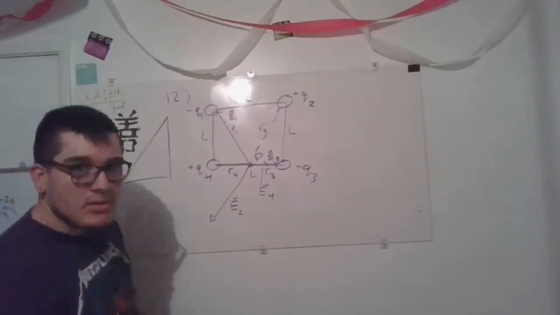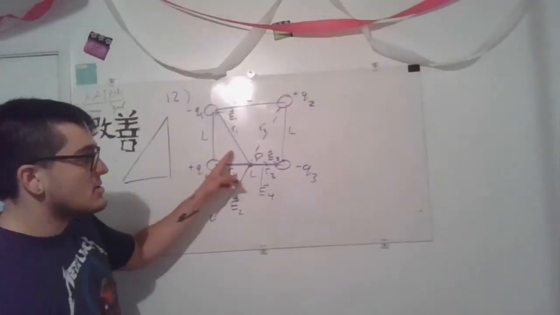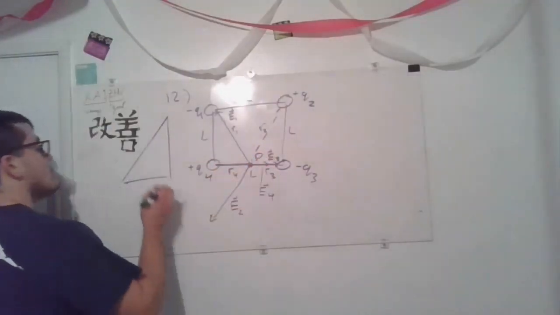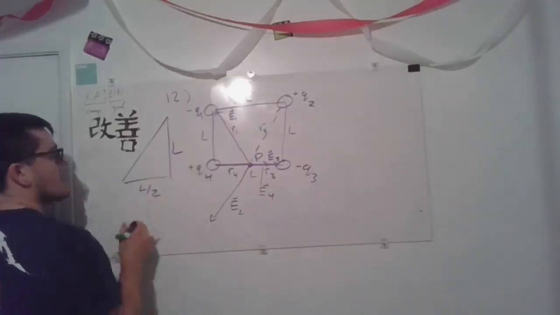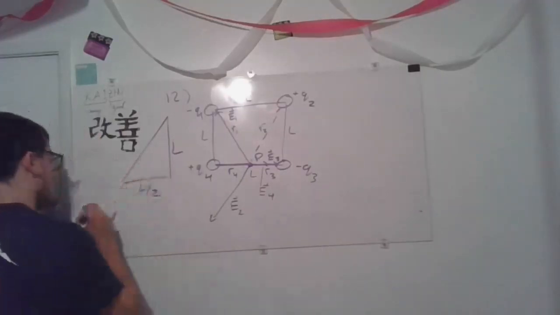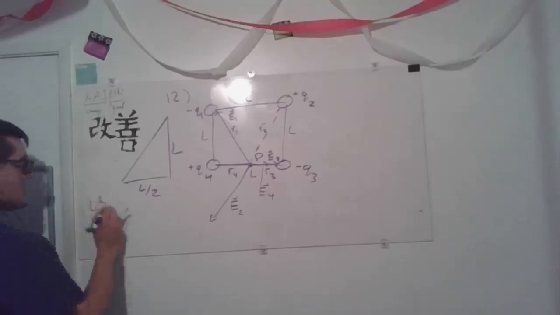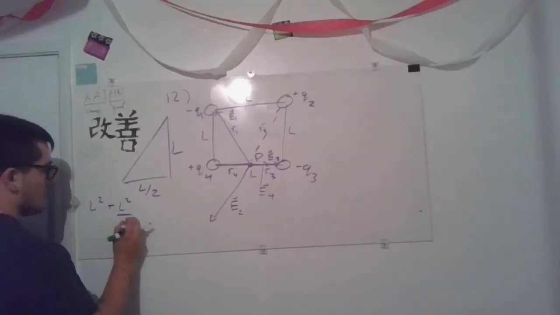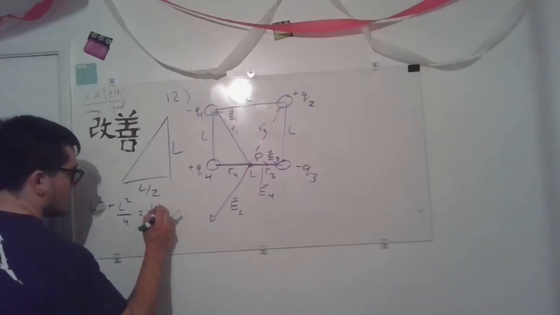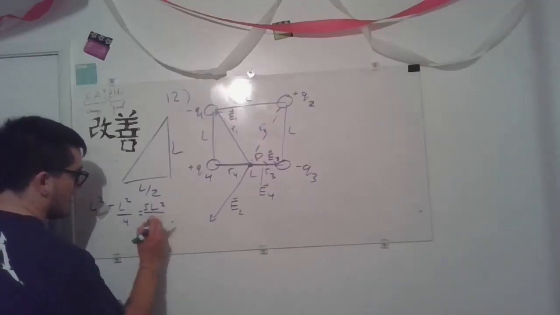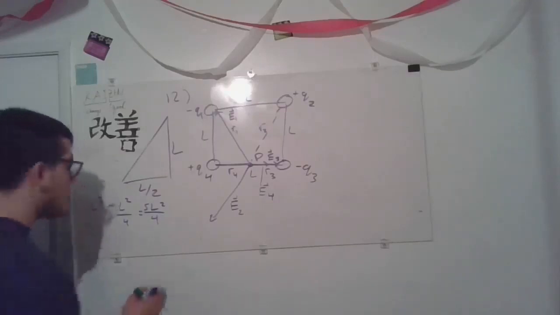It kind of doesn't matter which way I draw my triangles because it's all the same triangle. That triangle is that triangle, right? This is L by 2. This is L. Then what will this be? It'll be L squared plus L squared by 4, which is then L squared 5 by 4, right?